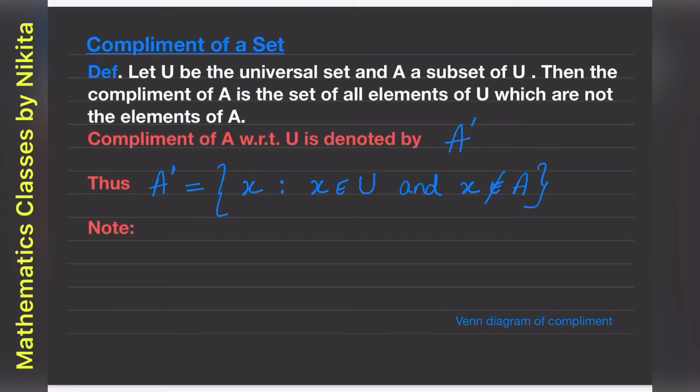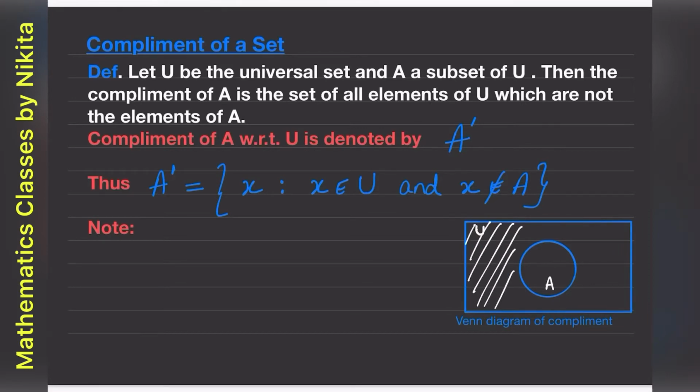So let me draw the Venn diagram now. So suppose that this is your universal set U and this is your A. Now I want to find the complement of A with respect to U. So I want to take all the elements of U which are not there in A. So that means the complement of A becomes this shaded region.